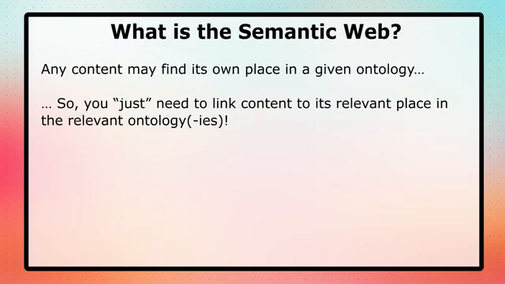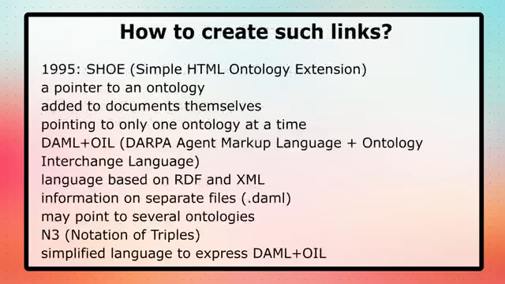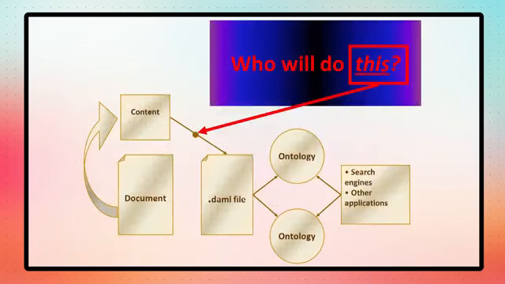So you just need to link content to its relevant place in the relevant ontology. How to create such links? There are several ways. So this is just the schematic diagram of the semantic web. So let us finish the domain ontology.